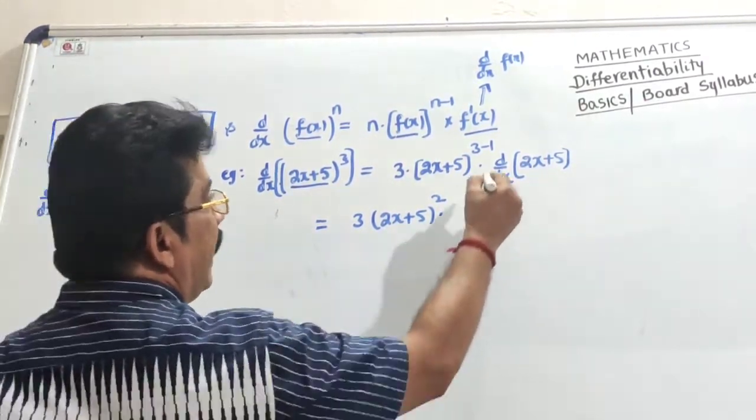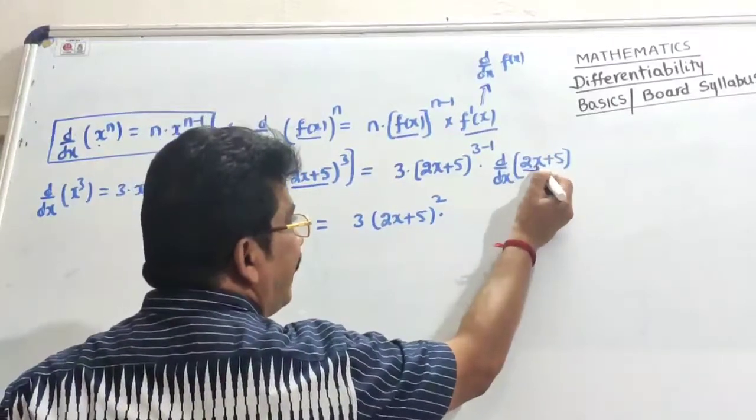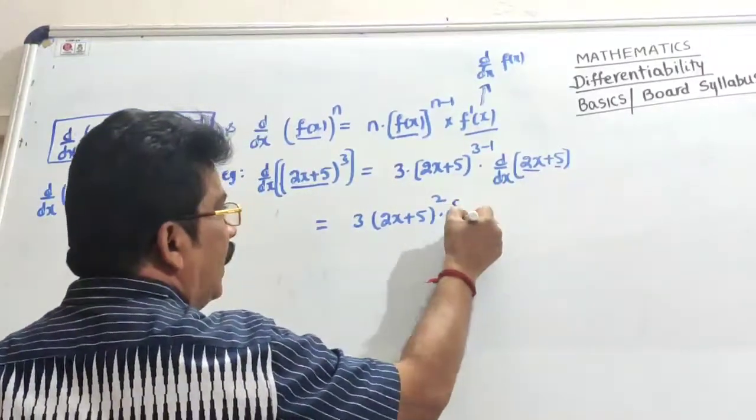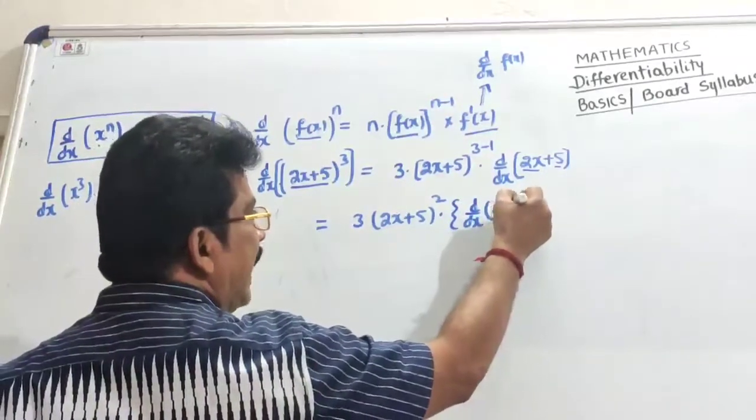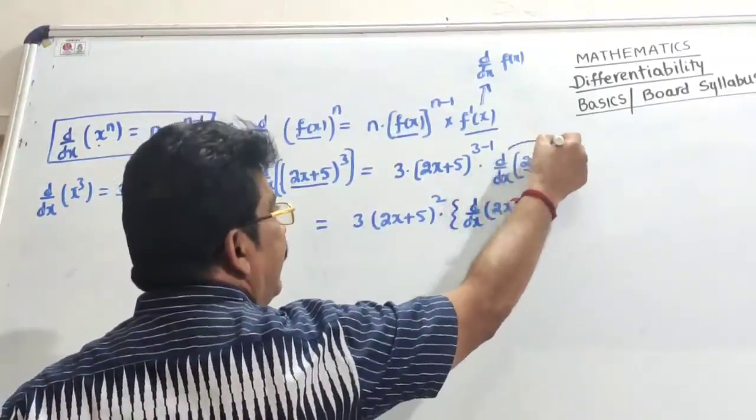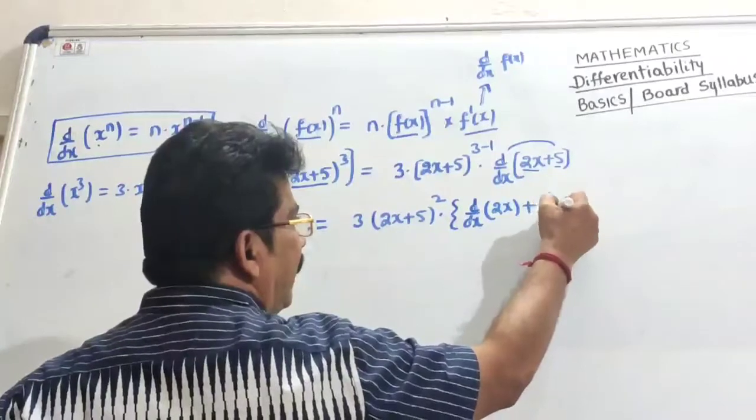d by dx of f of x, which is 2x plus 5. It can be written as d by dx of 2x plus d by dx of 5.